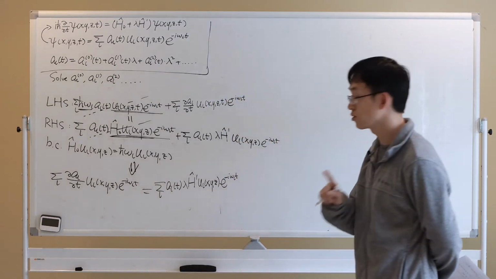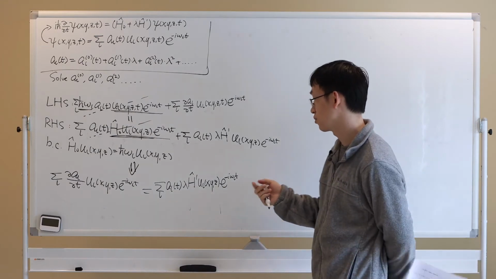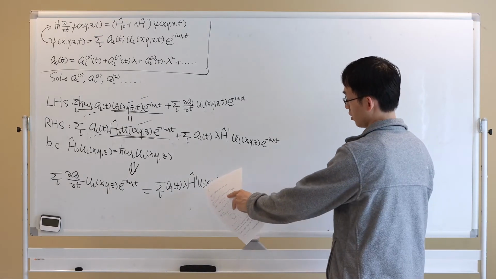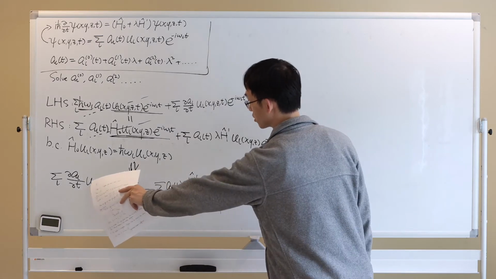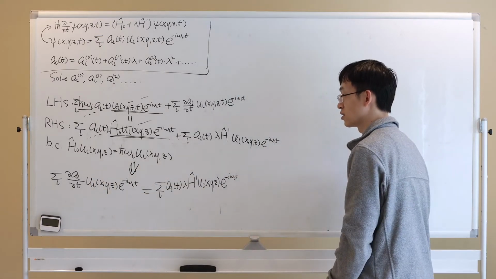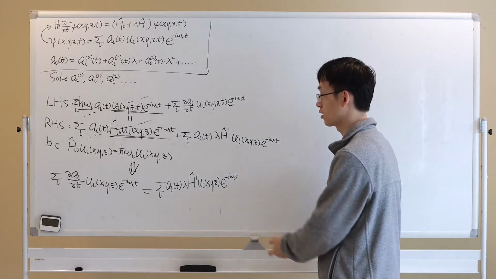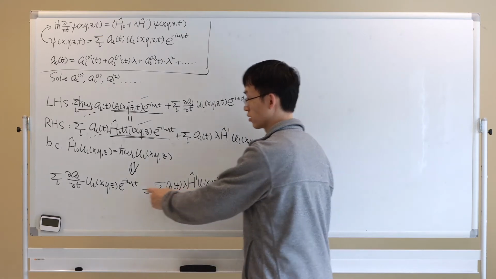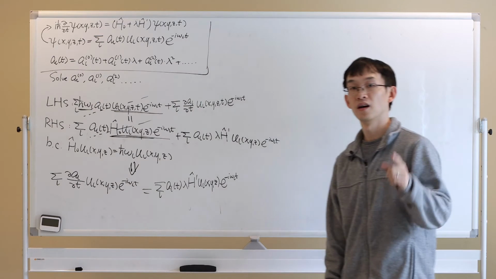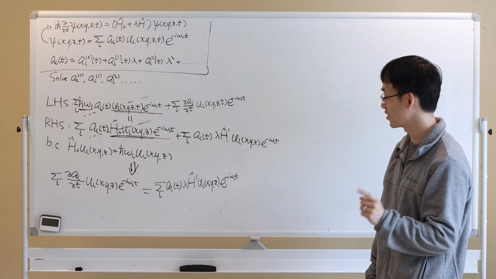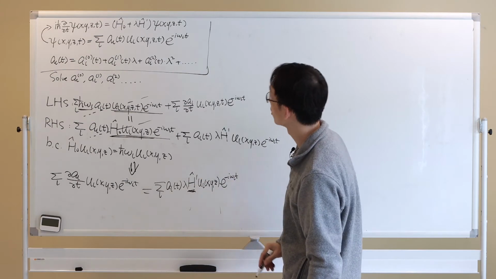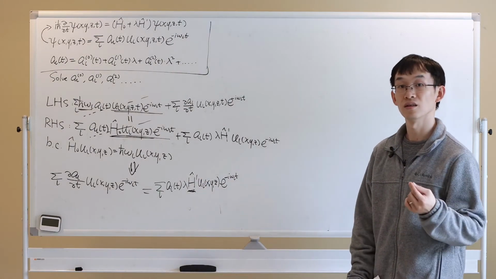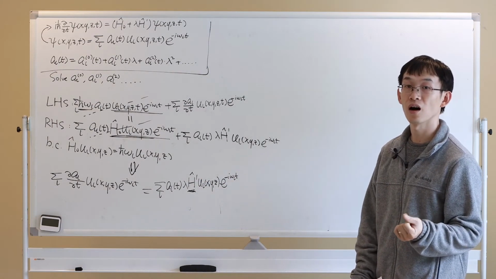Okay, so here I want to emphasize one thing. Some of you might look at this, with U and the exponential, and ask: can I say that for this equation to hold, the coefficient in front must equal this? You cannot do that, because now H, the Hamiltonian, is not a number, it's an operator.